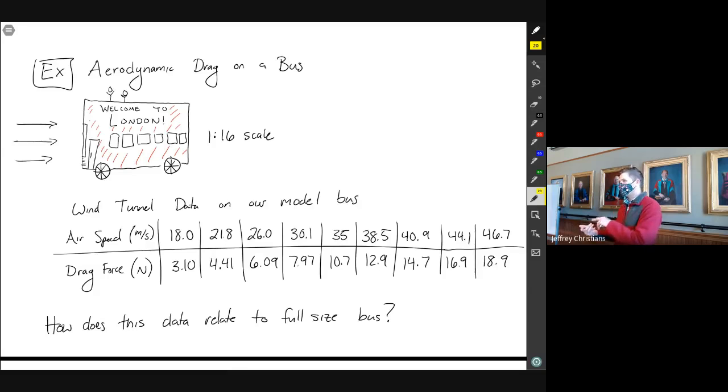And if we can do all of those things, then we can directly translate our scale model experimental results up to our full-size real system, which, if you think about it, is a super powerful thing. We can take measurements, any measurement we want. If you want to measure dynamic load, if you want to measure moment, if you want to measure drag force, if you want to measure anything.